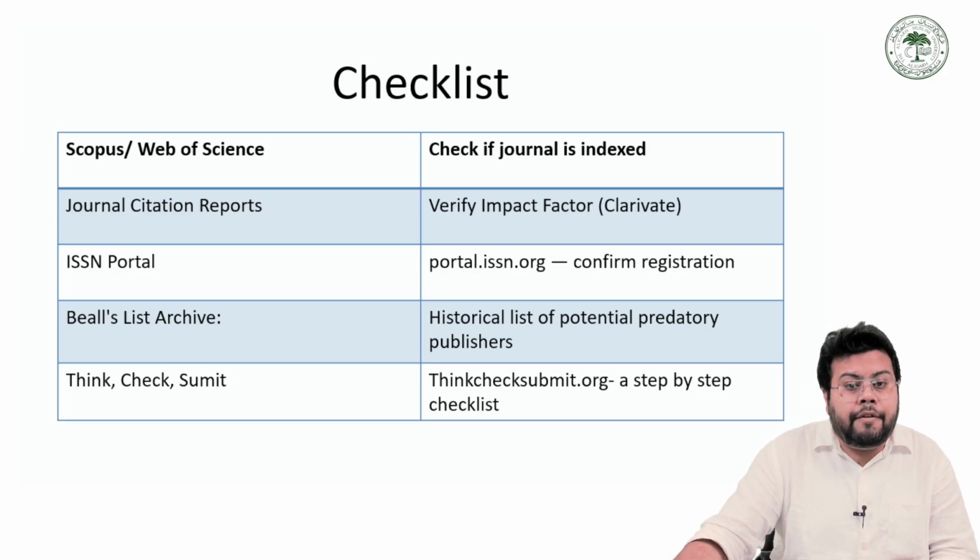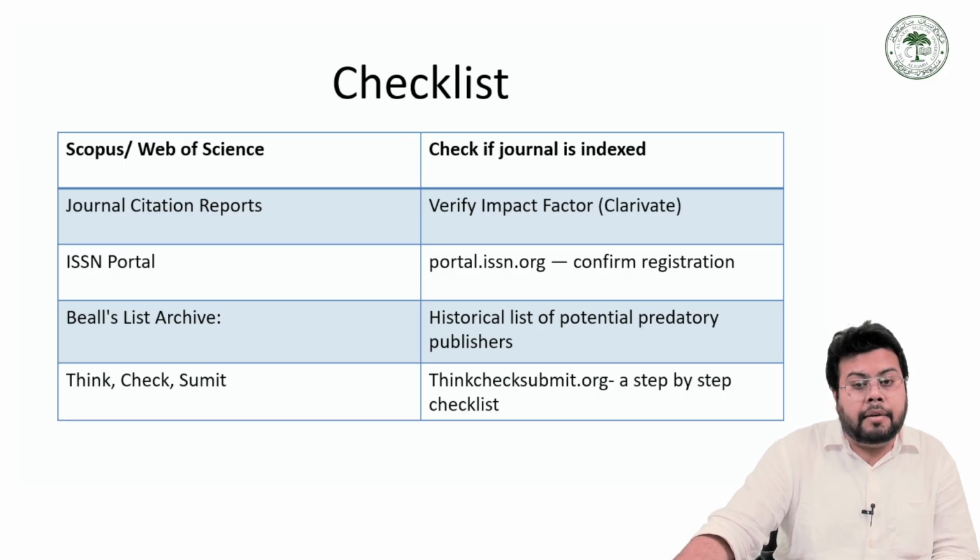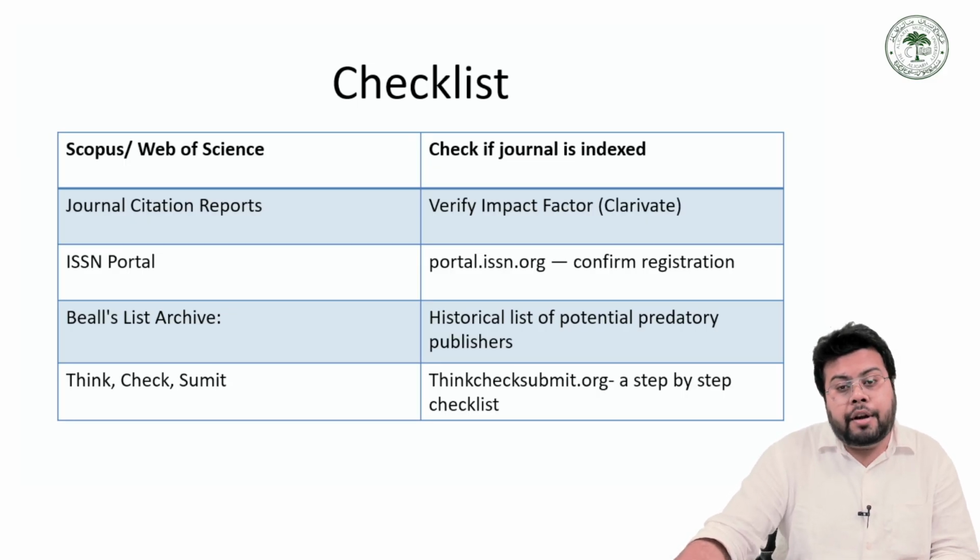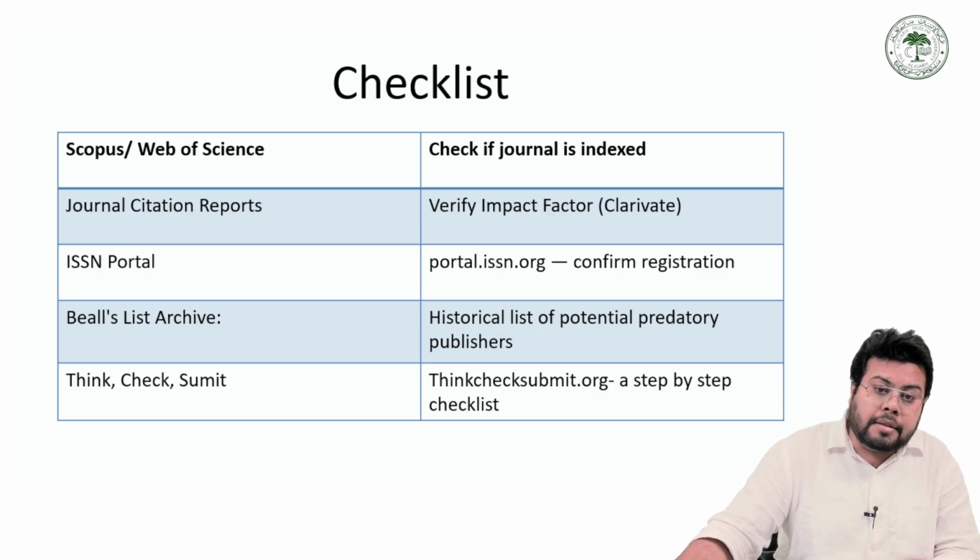Now, tools for verification. Researchers can strengthen evaluation by using DOI verification, which is Digital Object Identifier. It's a permanent and unique alphanumeric code assigned to a digital publication such as a journal article, book chapter, dataset, or report. Another tool is citation indexing databases.